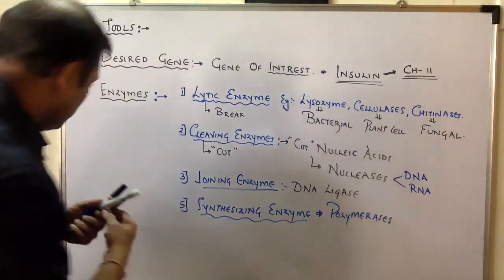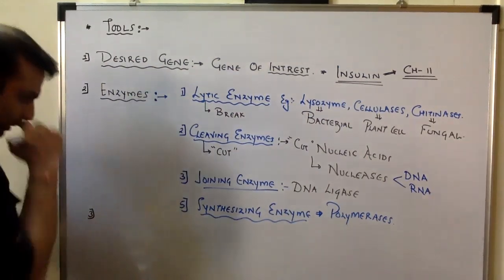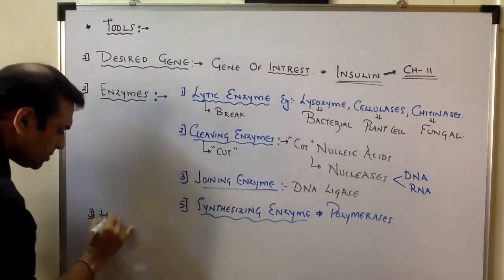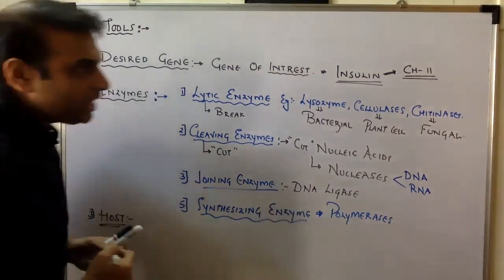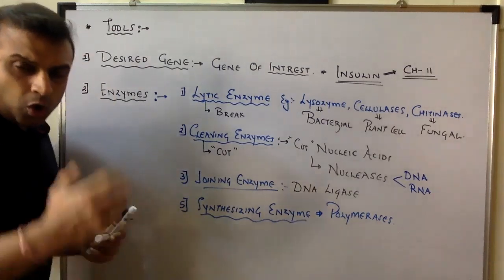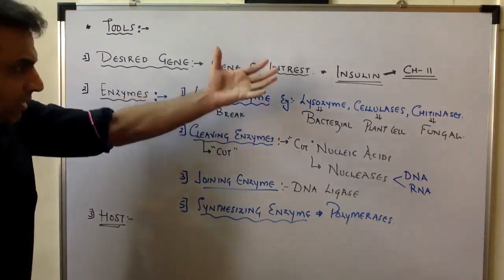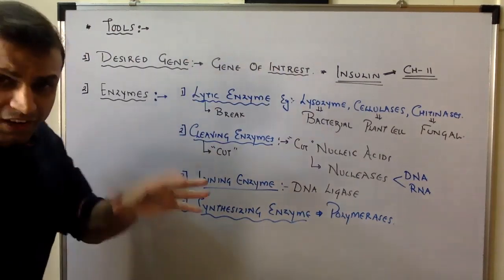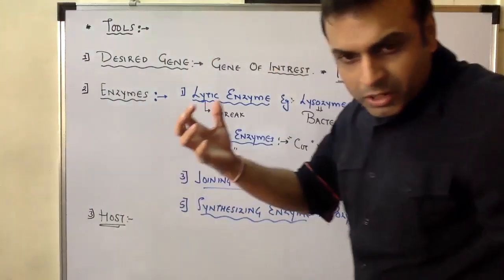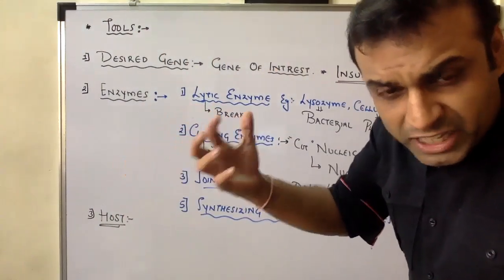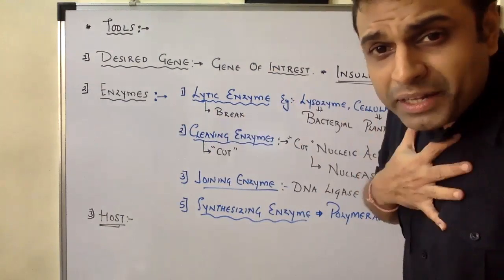Now my third requirement is said to be host. Understand this. Host is that organism which is receiving the desired gene. For example, I want to insert insulin producing gene in my cell, so I will be the host.